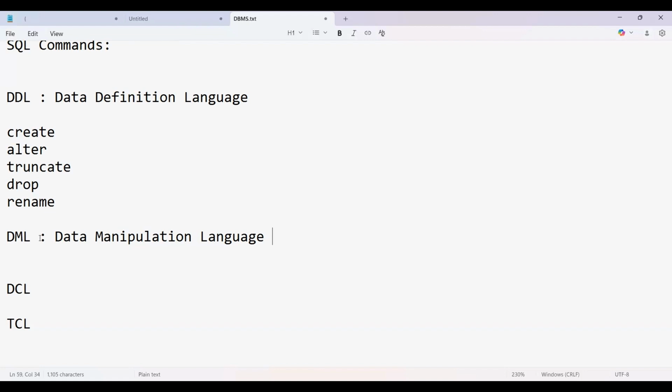Once after creating your employee table or any table, you need to insert the data.